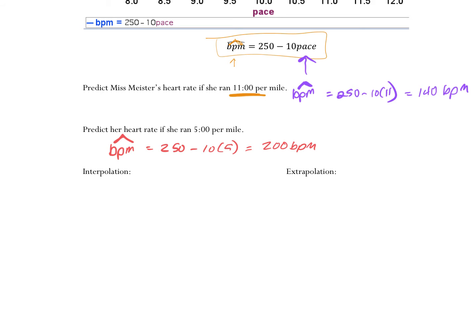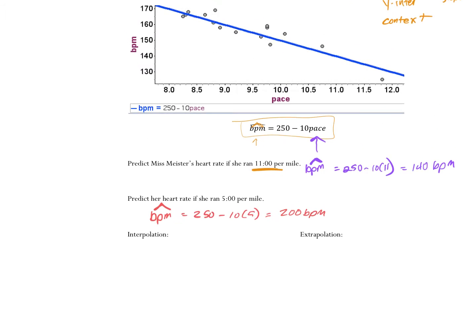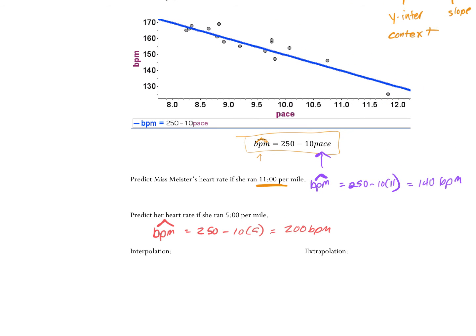So let's just for fun say, what would happen for a 25-minute mile? What if my pace was 25 per mile? What would my heart rate be?